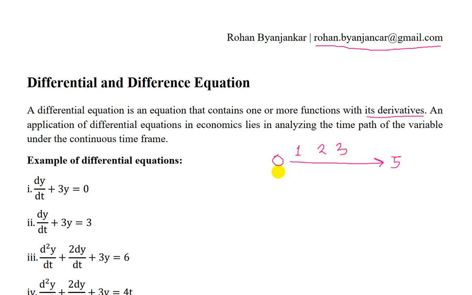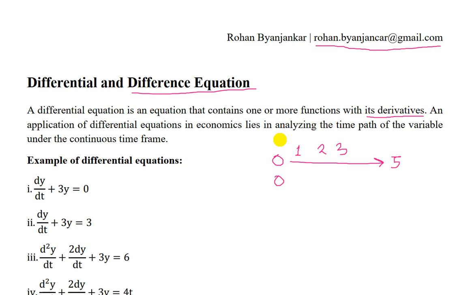We will take the continuous series, in the form of days, minutes, or seconds. Then we will use a differential equation, and if we use year 1, year 2, year 3 in a discrete series, then we will use a difference equation. This is the simple difference between these two concepts.